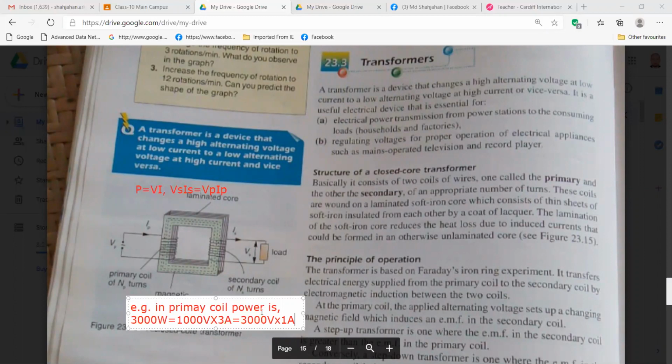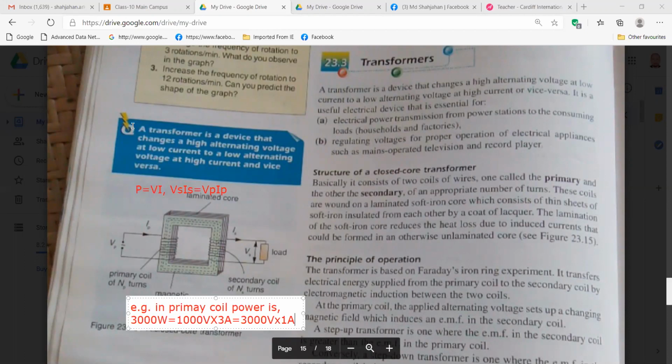In step up, your voltage increased, so current will be less. So look here, the statement of transformer, what is written here? You check now, it is matching with this formula or not. At the beginning, I did not give you this definition. Why? Because I was waiting for this explanation. Now you'll understand it.